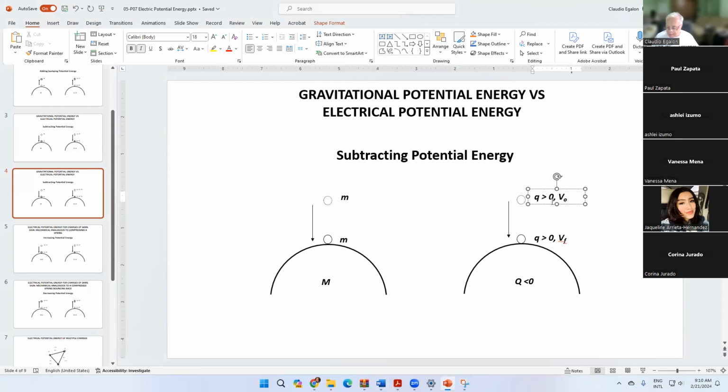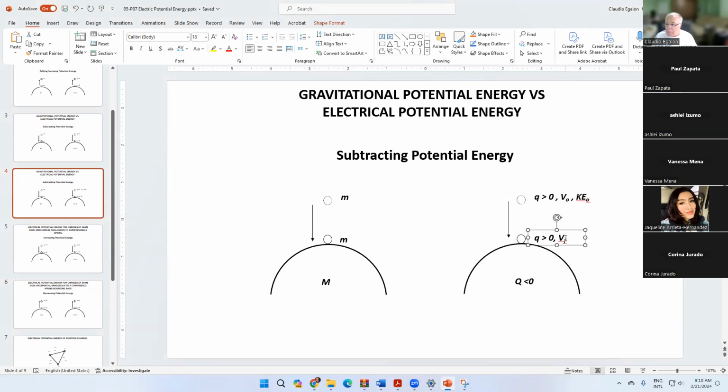Not just the initial electric potential, but we also have initial kinetic energy, and then we are going to need also the final kinetic energy.